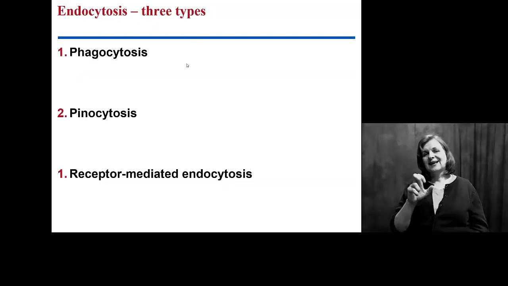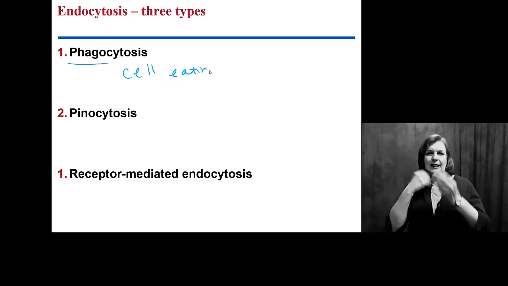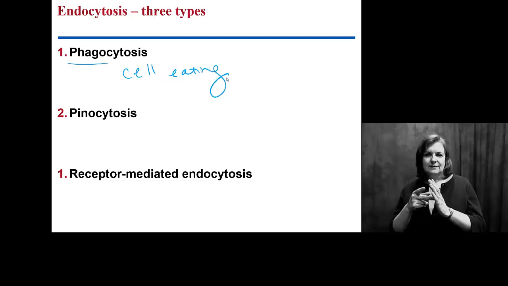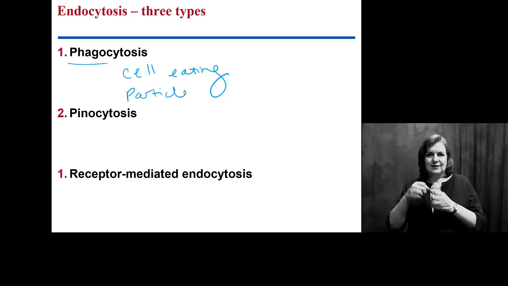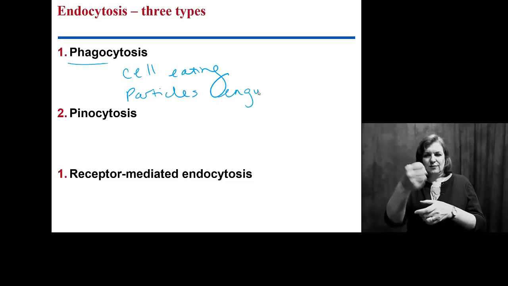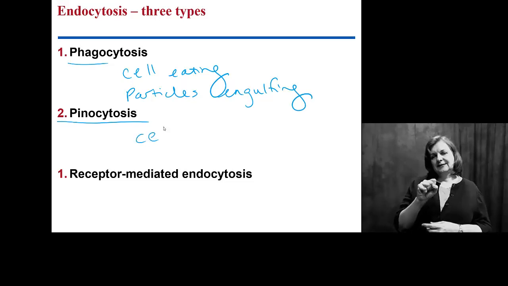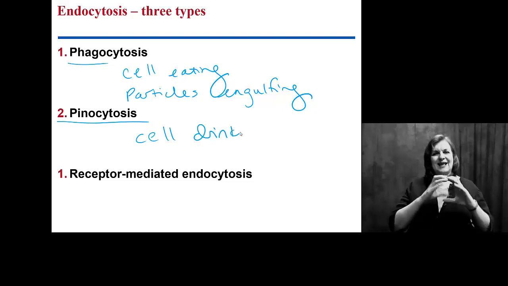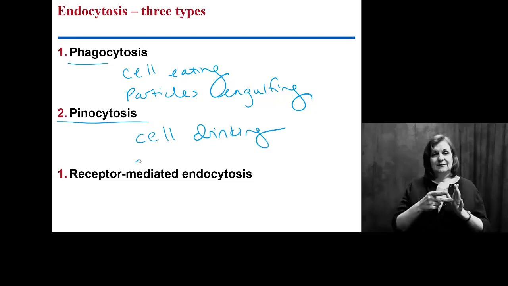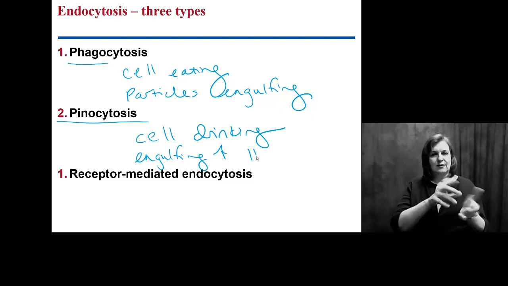So one type of endocytosis is known as phagocytosis. So this is essentially cell eating. This is bringing in large particles by engulfing them and literally surrounding and eating these large particles. Pinocytosis is cell drinking. So this is actually bringing in or engulfing large amounts of water.